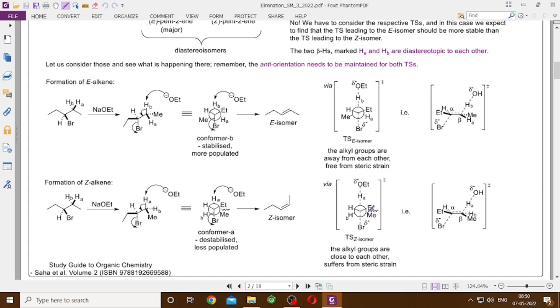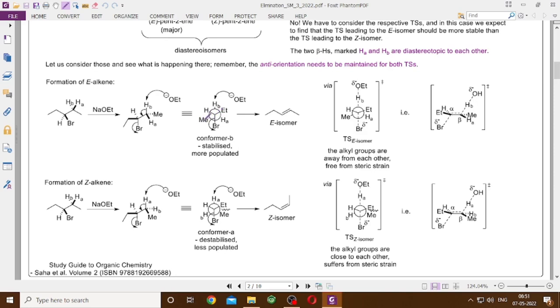In this case, they are syn, on the same side. So they have started from a conformation where methyl and ethyl are gauche, and in this case they are anti. And when you are eliminating, this carbon is changing its hybridization from sp3 to sp2, and so is the other carbon.